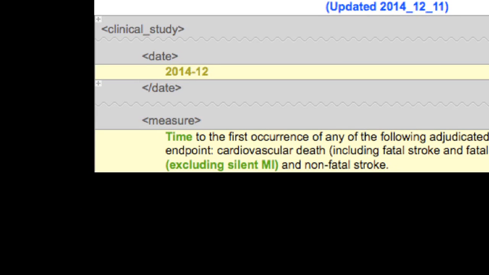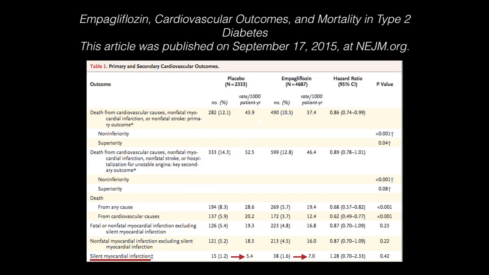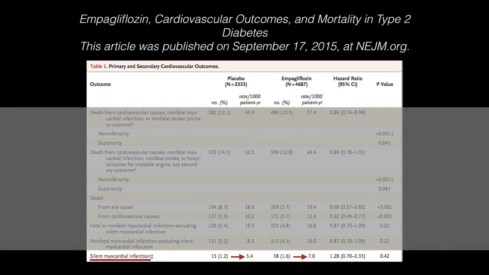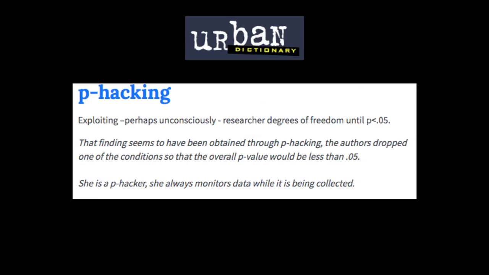The study is published in September 2015 in that great journal, the New England Journal of Medicine. And lo and behold, sure enough, you look at silent MI: empagliflozin, 7 in 1,000, placebo, lower. So I bet that if they added these in, it wouldn't have reached statistical significance and there wouldn't be any applause. So this goes on, this p-hacking.